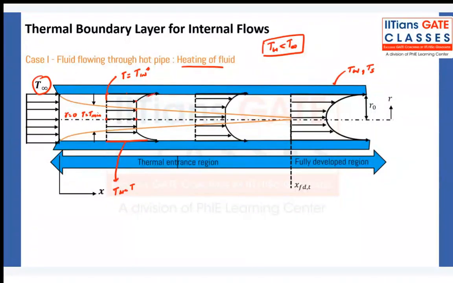Here, at this point, you will get T equal to 99% of your T minimum, and the same here. I'll take this point, and then it is going to decrease further.